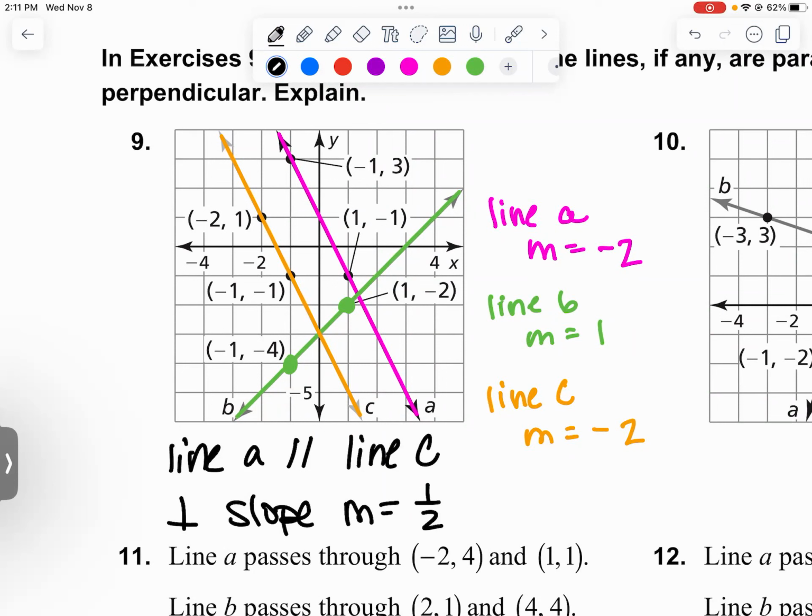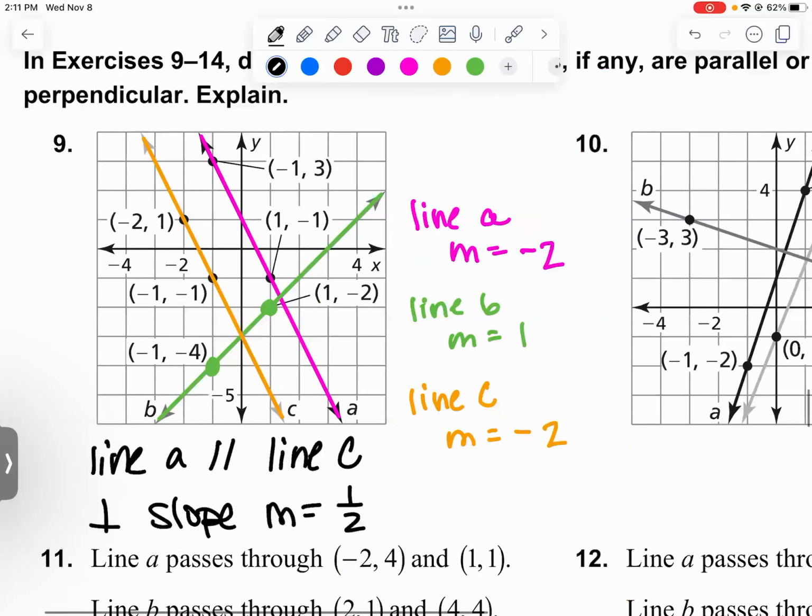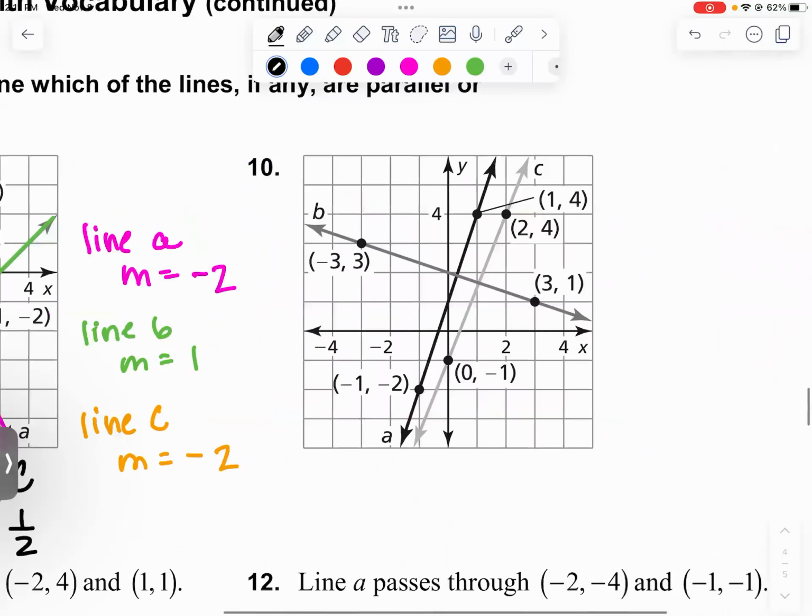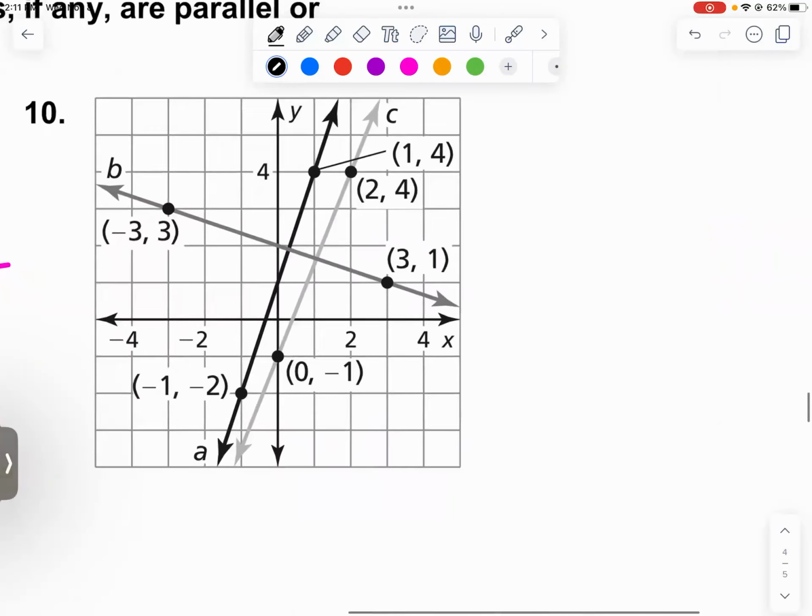Opposite, one's negative, one's positive, reciprocal. They're flips from each other. That's not happening, so we only have parallel lines happening here. There's nothing perpendicular. Yeah, so I think I meant to do number 10. So let's look at number 10 real quick.